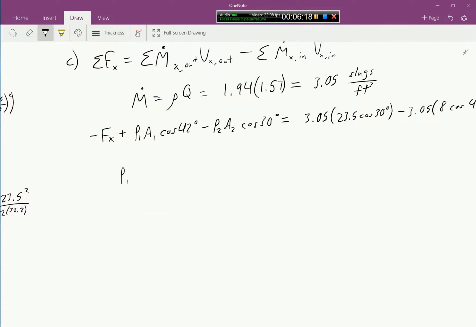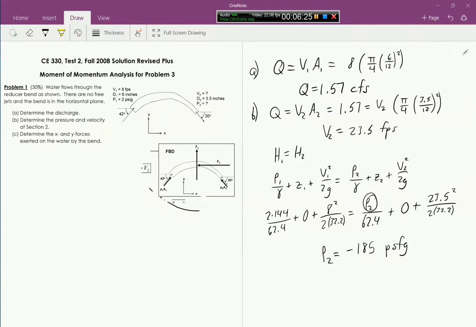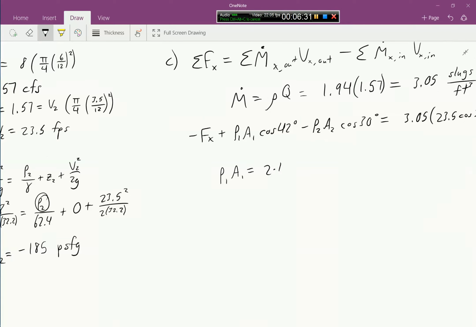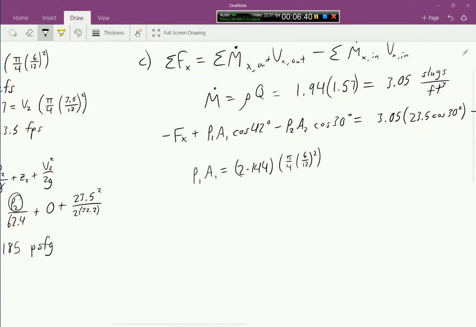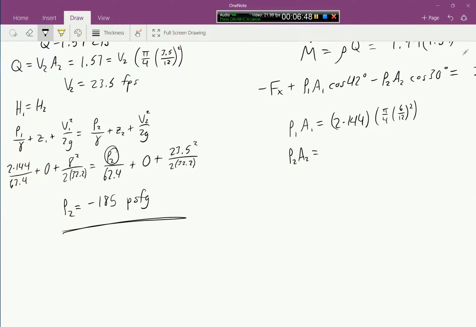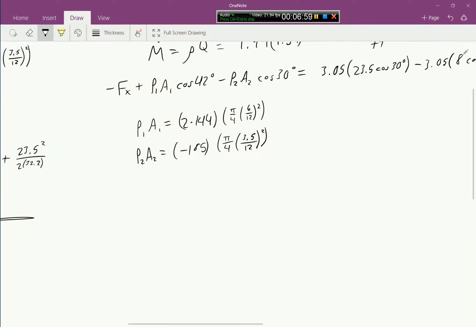And P1A1 is simply the pressure at 1 in PSFG, which is given in the problem as 2 times 144 times the area of 1, which is pi over 4 times d squared, making sure units are consistent. And then P2A2 is equal to, we just found that in part B here, negative 185 times the area of 2, which is pi over 4 times the diameter of 2 squared.